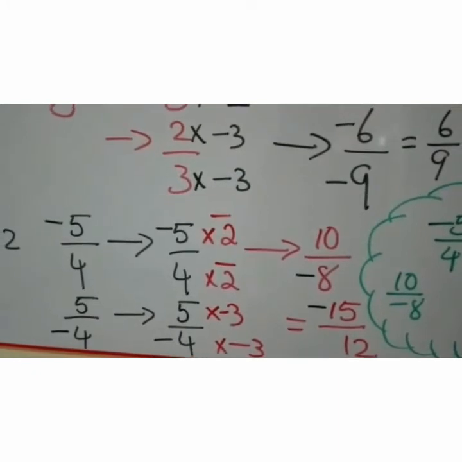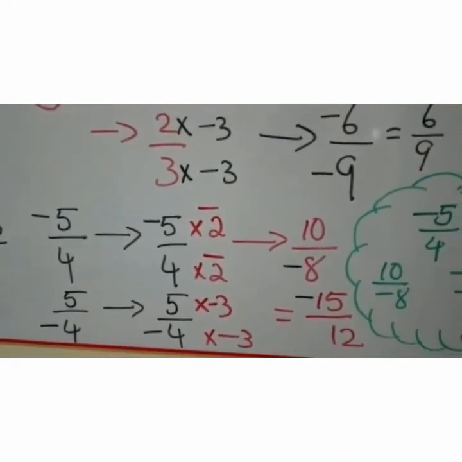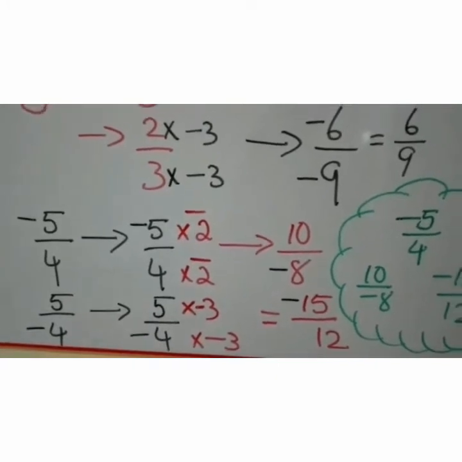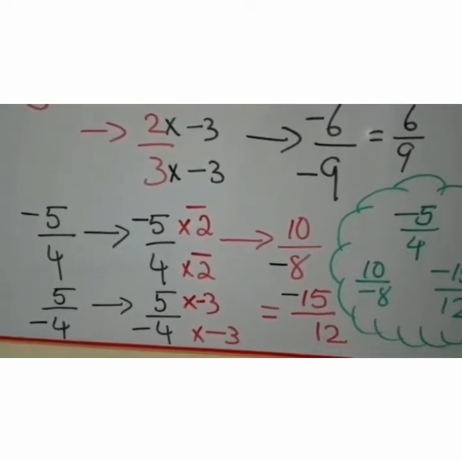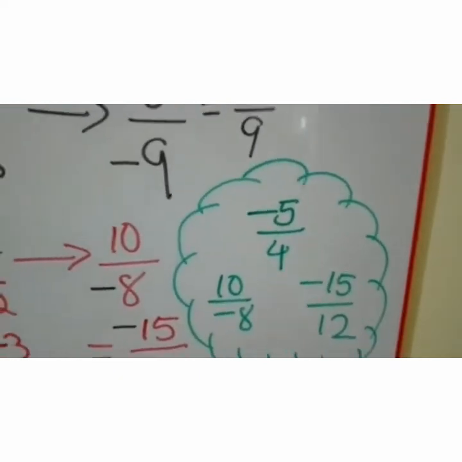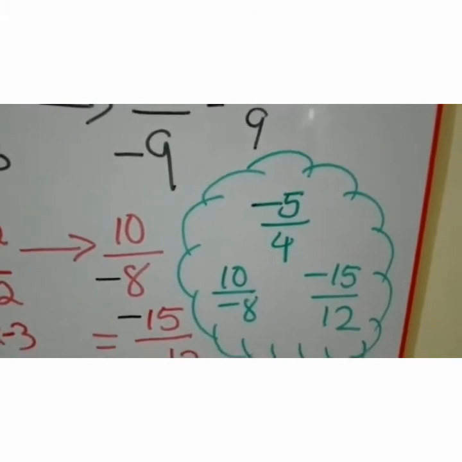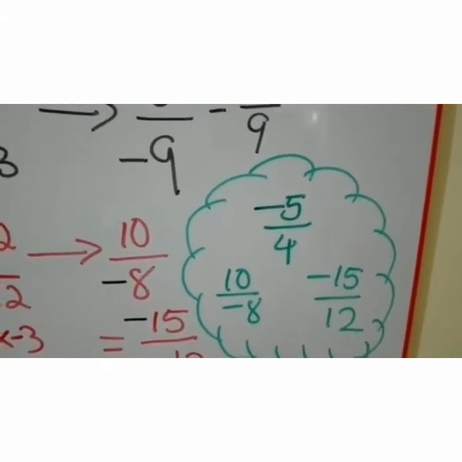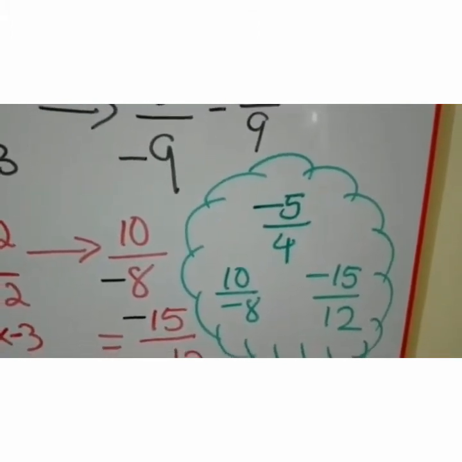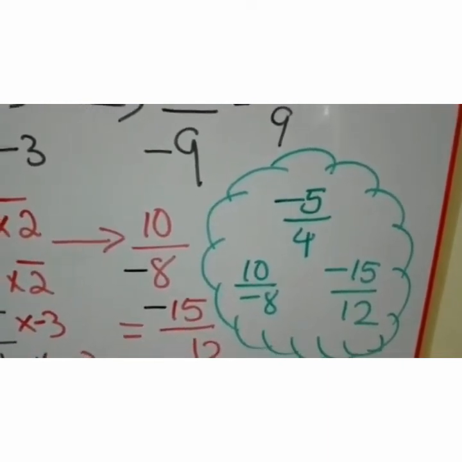When you multiply 5 divided by negative 4 with negative 3, you will get negative 15 divided by 12. So in this case, see, negative 5 divided by 4 or 5 divided by negative 4, 10 divided by negative 8 and negative 15 divided by 12 all are equivalent rational numbers.